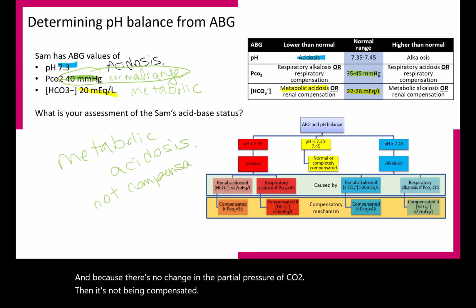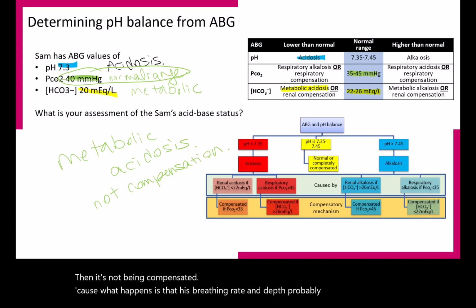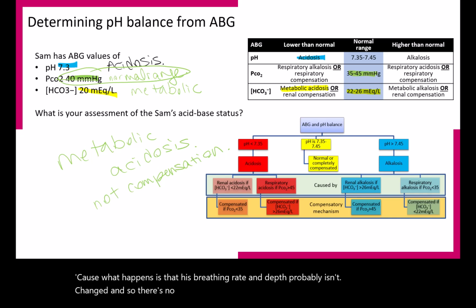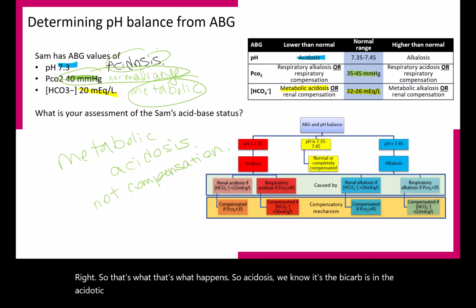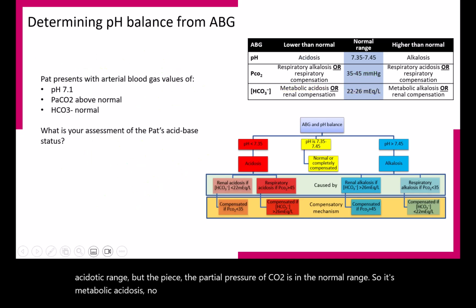His breathing rate and depth probably haven't changed, and so there's no compensation yet, right? So acidosis, we know the bicarb is in the acidotic range, but the partial pressure of CO2 is in the normal range. So it's metabolic acidosis, no compensation. Let's look at another one.